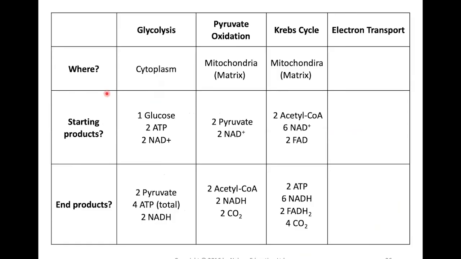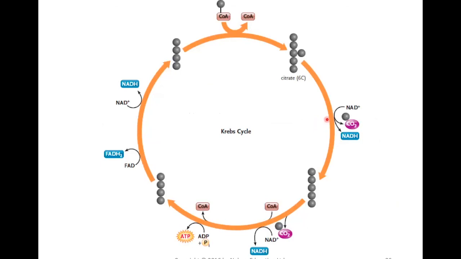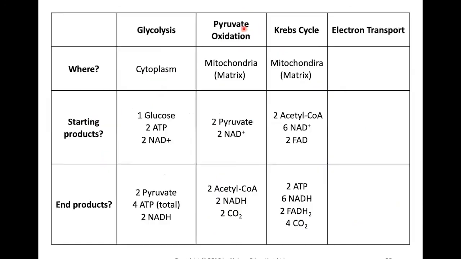All right, so let's add them up. Here again, we are in the mitochondrial matrix. We've started with 2 acetyl-CoA, 6 NAD+. Let's go back here to this diagram. 1, 2, and 3, but remember, it's the 2 acetyl-CoA. All right, so we double up all of our numbers. So we've started with 6 NAD+ and 2 FAD molecules.